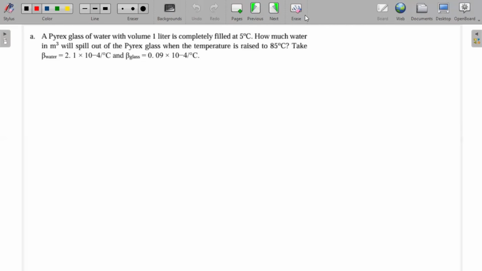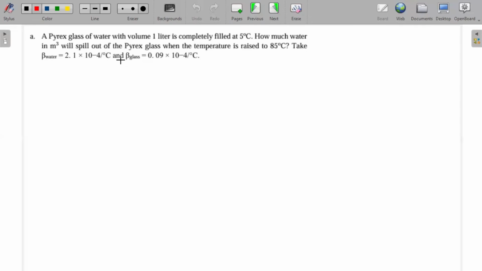Okay, so that is what they want us to calculate. They want us to calculate the volume of spill, or the amount of water that is going to spill out of the Pyrex as the temperature is increased. And if you remember, the first class that we had under thermophysics, I said when there's a liquid that is contained inside a solid container, then you reach a point where that liquid is spilling out of the container due to the temperature increase.